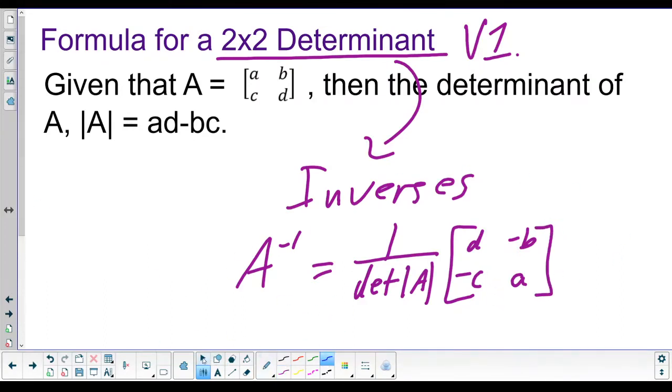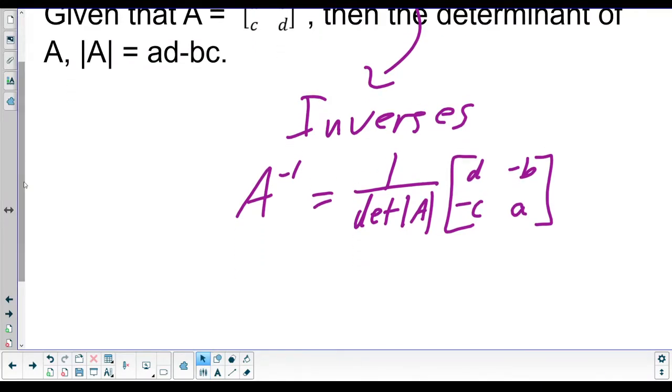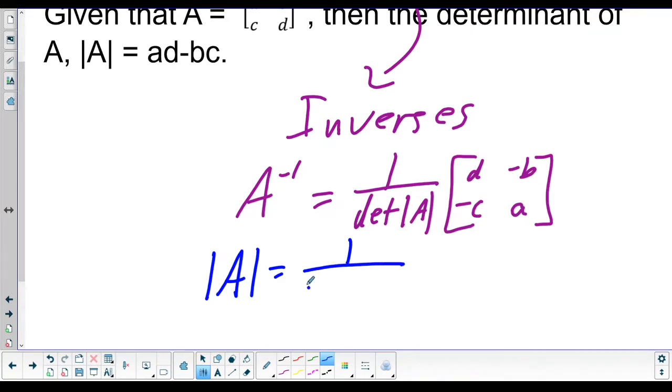In the first video, I believe that I have accidentally told you that the determinant of A, which can be written as such, is 1 over AD minus BC. That's not true. I didn't intentionally lie to you.